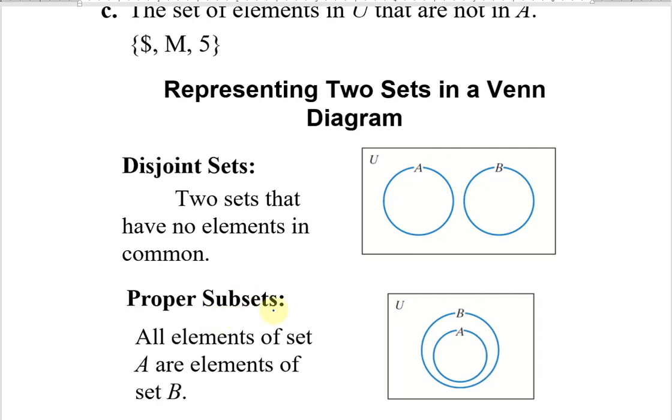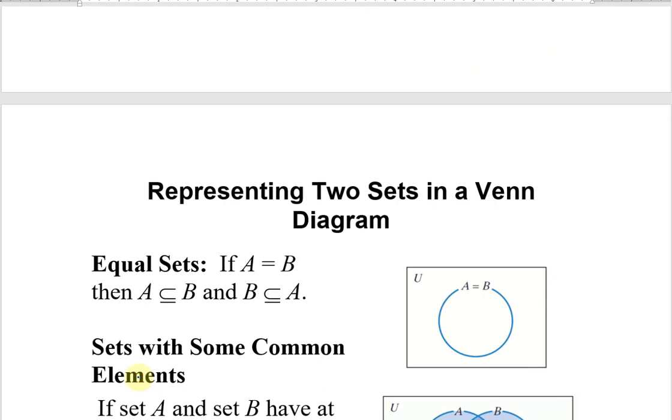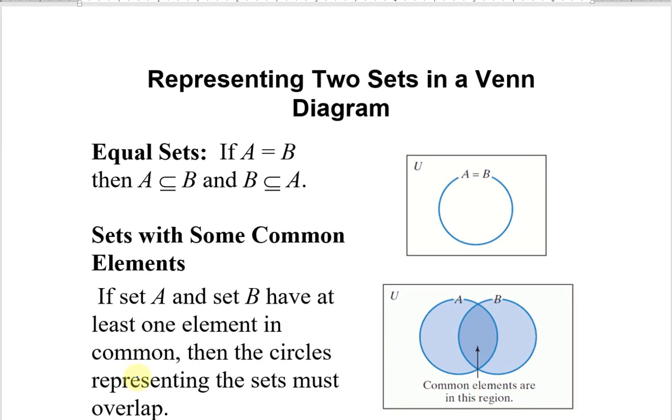For a proper subset, all the elements of set A are elements of set B, so the small A is inside the bigger B. For equal sets, if A and B are equal, then A is a subset of B, and B is also a subset of A. So there's just one circle, because they are the same thing.